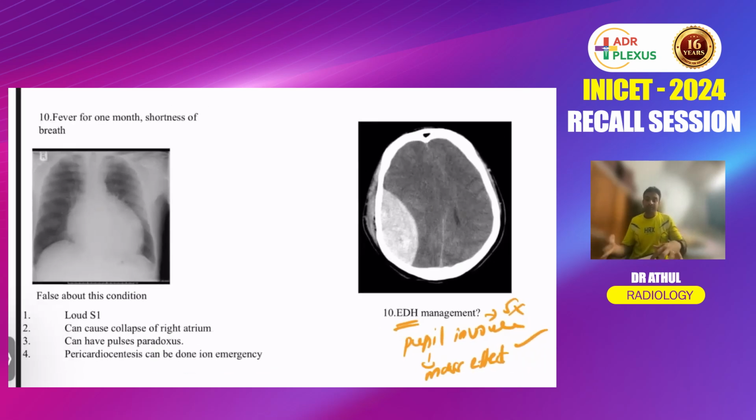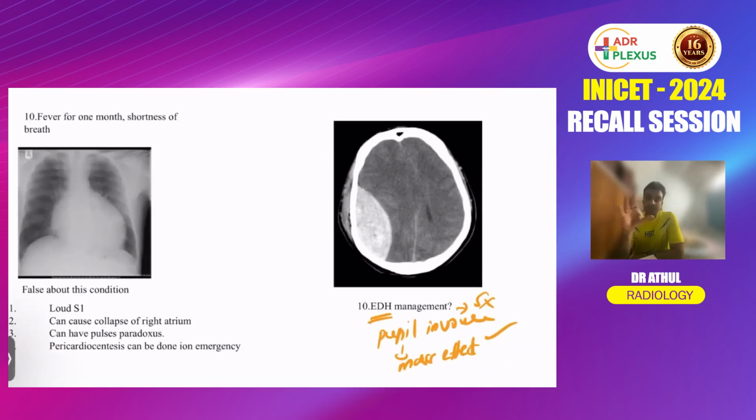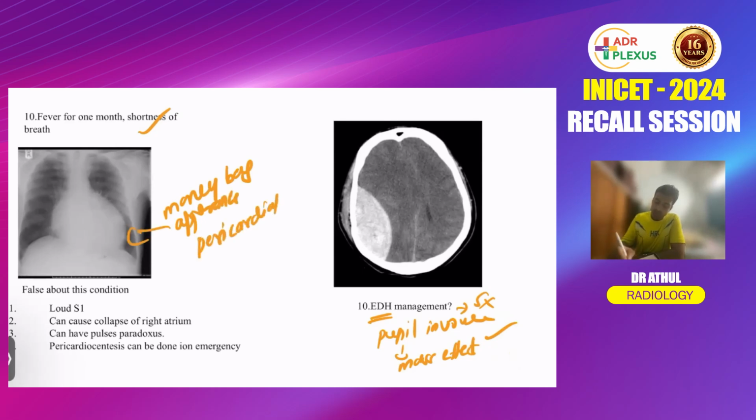And another question, where there was a long history of fever, chest pain, and shortness of breath, and an image was given. The image had a money bag appearance like this. So this was a case of what? Pericardial effusion. And what happens in pericardial effusion? There is Beck's triad, in which there will be muffling of the heart sounds.